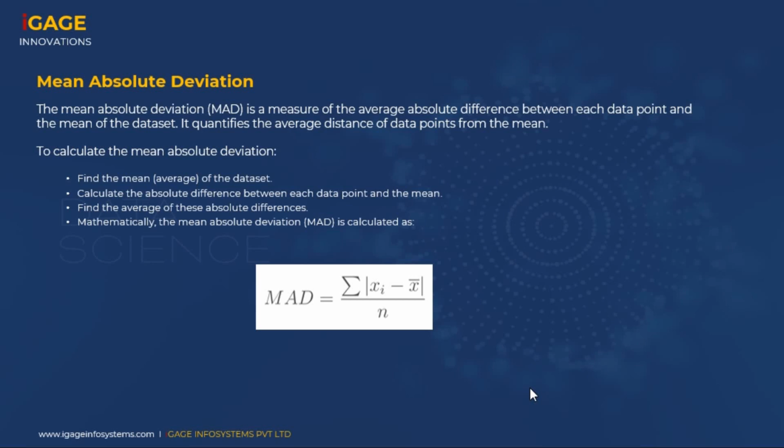By considering the absolute difference between each data point and the mean, it provides a more stable measure of dispersion, even in the presence of outliers. We are considering the absolute value, not squaring it. Squaring will suppress the outlier value, but mean absolute deviation is robust to outliers.